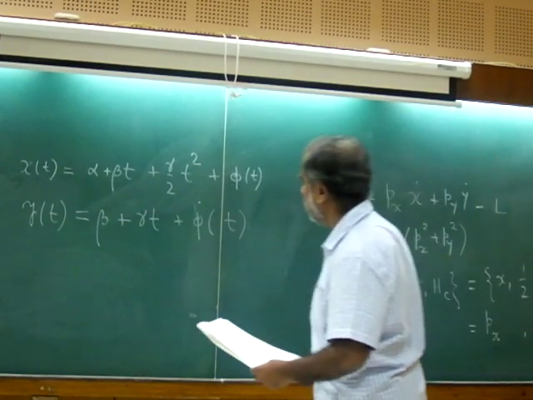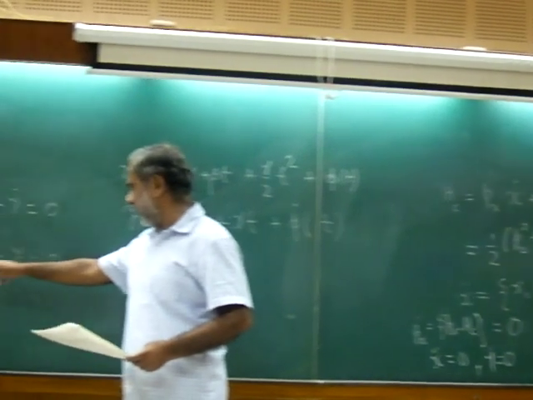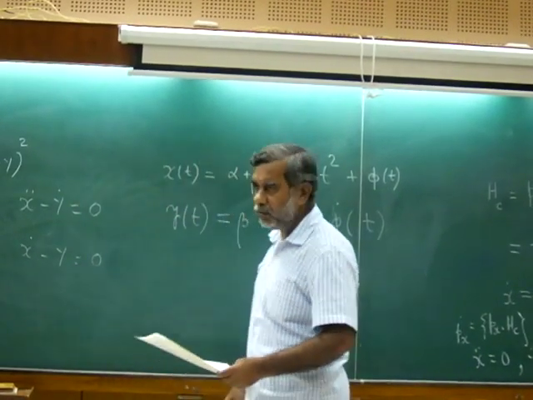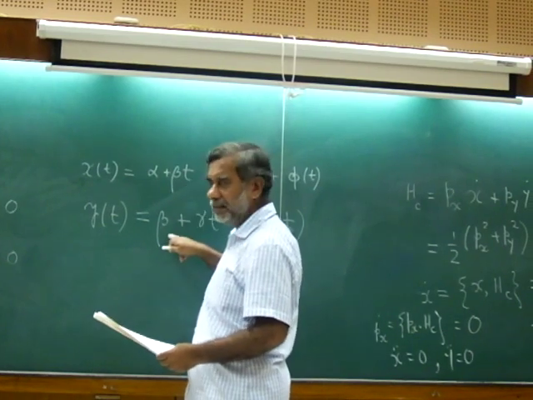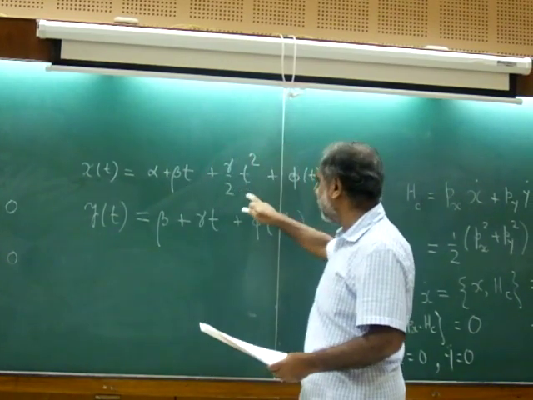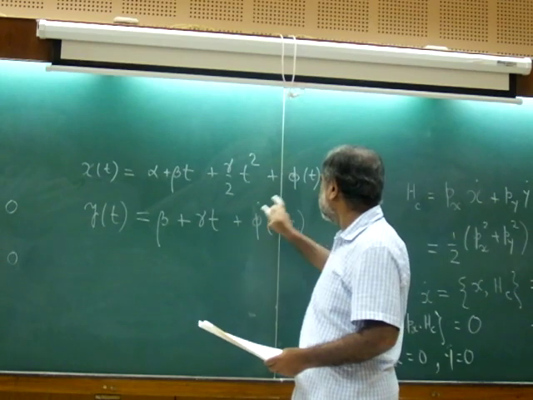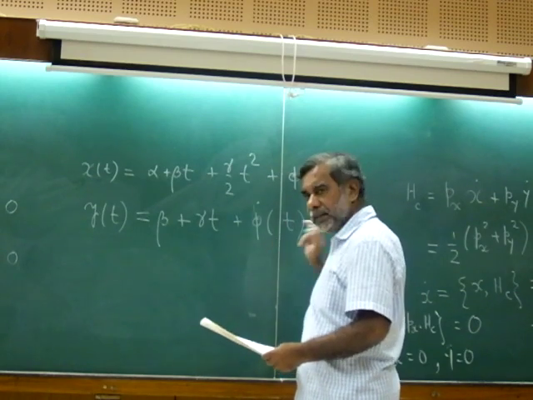So you see, the general equation. If you take x dot minus y, this is 0. So x dot will give me what? Beta. This will cancel this term. Have a term like gamma t. This will cancel this term. Phi dot cancels this term.